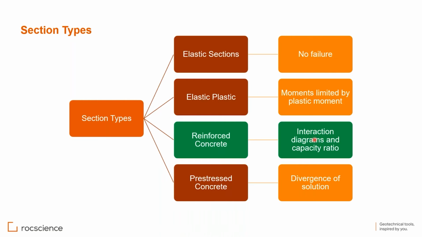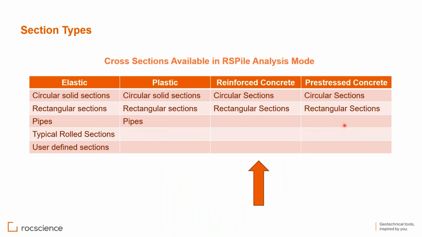The reinforced concrete will be controlled by interaction diagrams and capacity ratio for the design purpose. Of course, sections like elastic will not fail. Plastic will fail when you reach the plastic moment. For pre-stressed concrete, you can check the failure by the divergence of the analysis in the program.